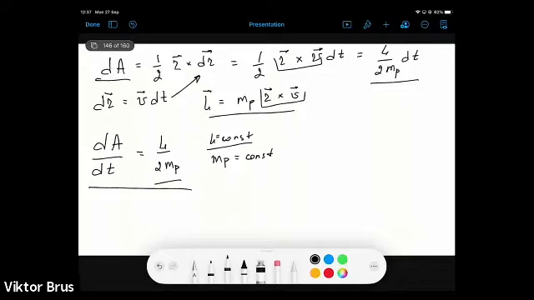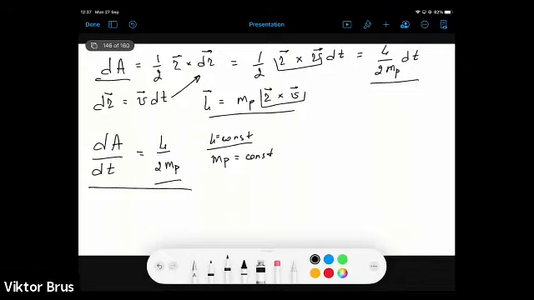So for each interval of time, the radius vector sweeps equal areas inside this elliptic trajectory, which proves the observation made and analyzed by Kepler, and what is stated in his second law.